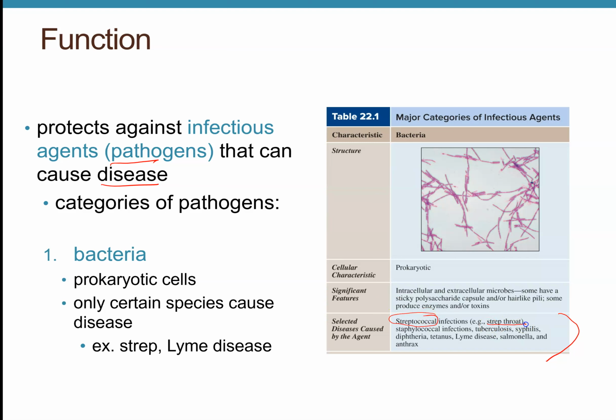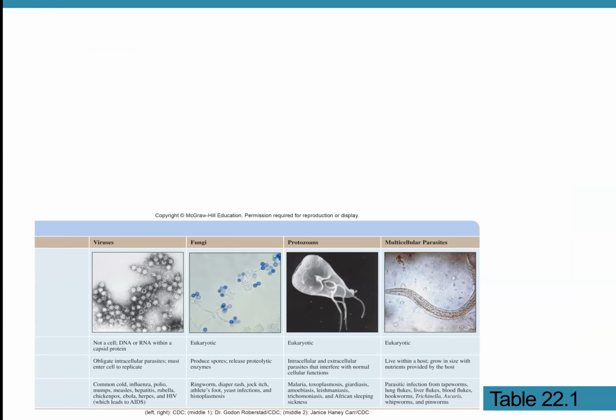That's what causes strep throat. And then Lyme disease is another fairly common disease caused by a bacterial infection. That disease is transmitted through tick bites, but the tick ingests a bacterium into your body, and then you have Lyme disease. Really hard to get rid of, no fun at all.